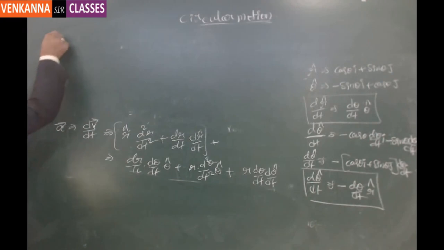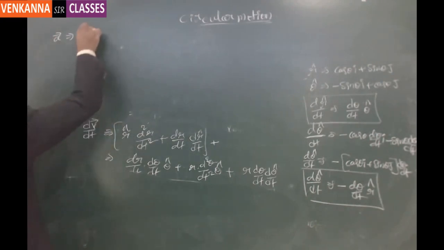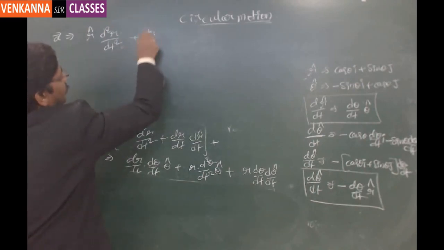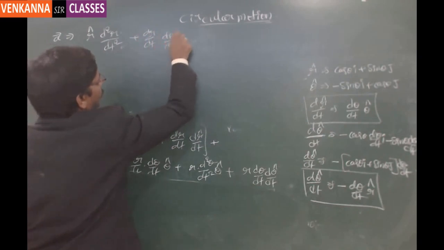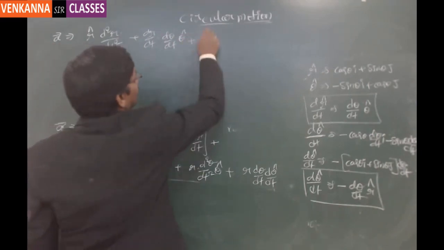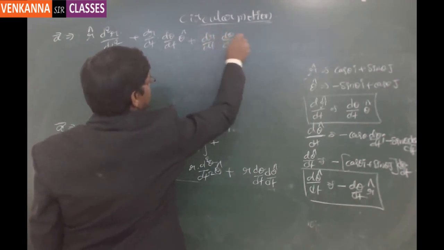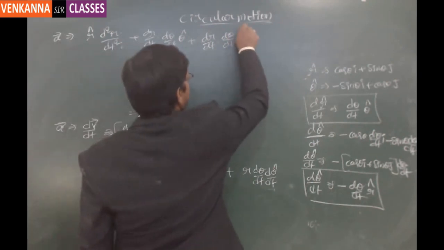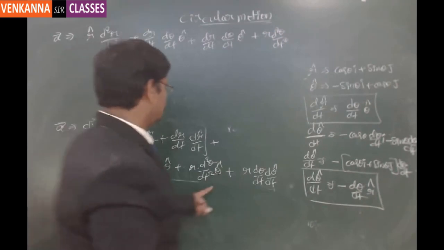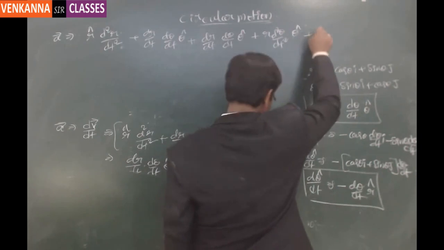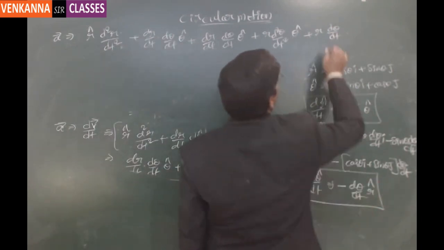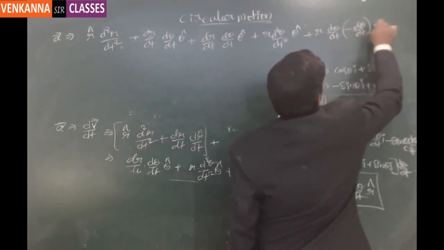So this acceleration A is equal to r cap into d square r by dt square, plus dr by dt into d theta by dt into theta cap, because dr cap by dt is d theta by dt into theta cap, plus dr by dt into d theta by dt and theta cap, plus r into d square theta by dt square into theta cap, and the last one is plus r into d theta by dt, and again d theta cap by dt you can write as minus d theta by dt into r cap.